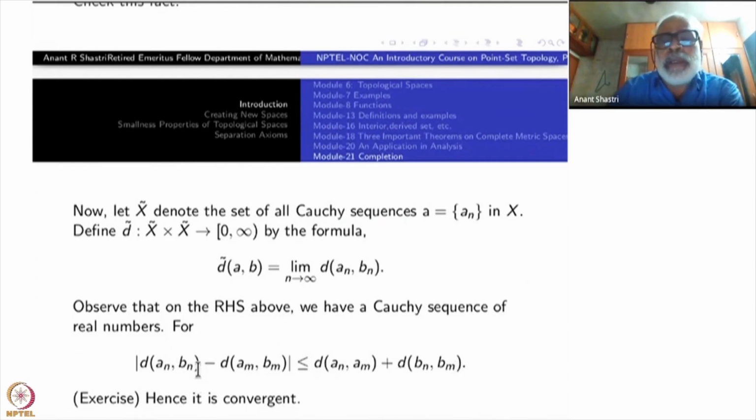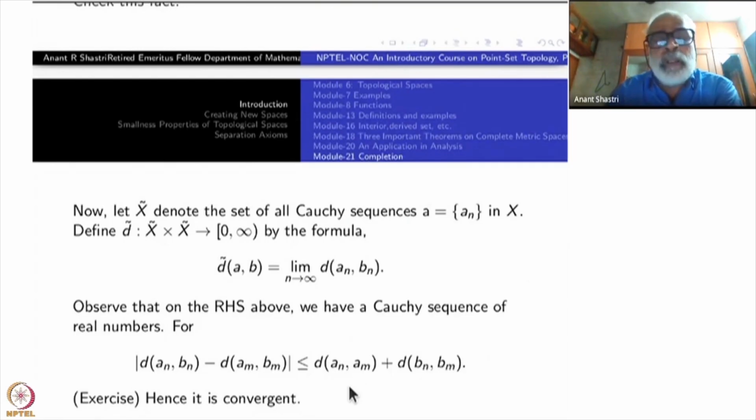Consider d of (a_n, b_n) minus d of (a_m, b_m). By using the triangle inequality correctly, this difference in modulus is always less than or equal to d of (a_n, a_m) plus d of (b_n, b_m).